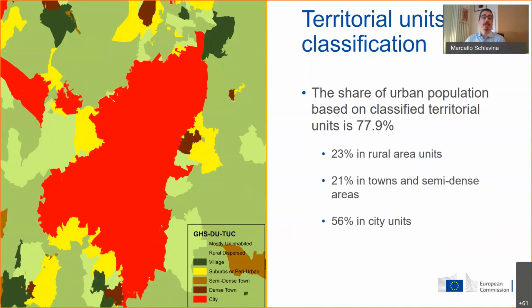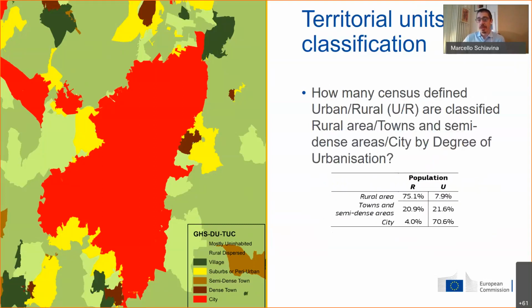In these results, we are able also to calculate the urban population by summing all population living in classes identified as cities or as towns and semi-dense areas. And the value is very similar to previous. It's about 78% share of urban population. Still, the majority is in the city units, 56%.